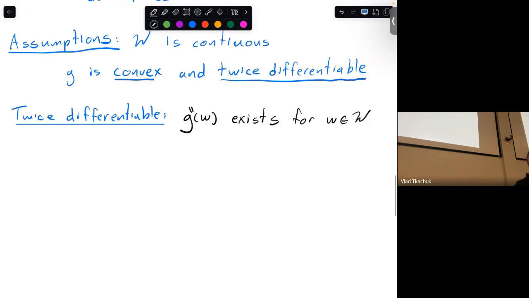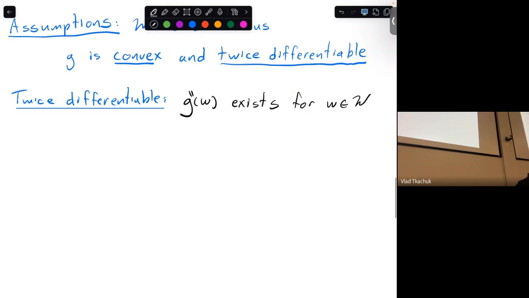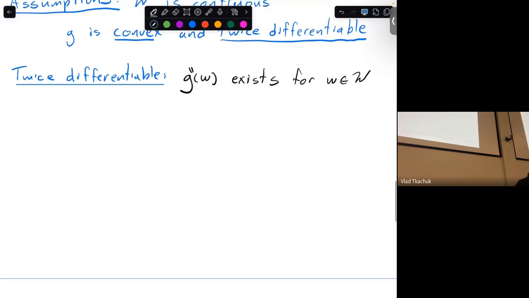That's going to be the assumption. You can take the second derivative and it actually exists. If you have sharp jumps like this, then you won't have derivatives at this point, and that's what it means to exist. But I think most things should be twice differentiable.